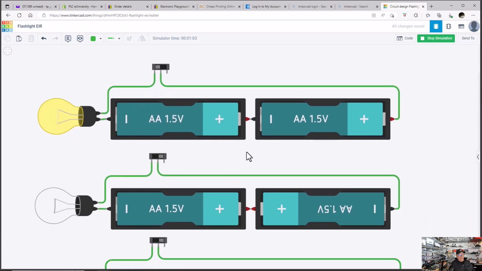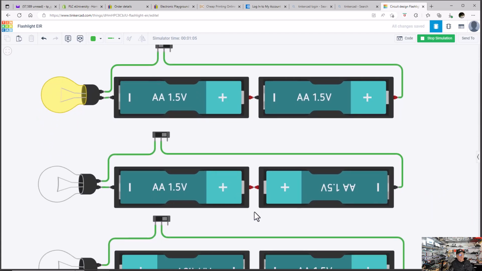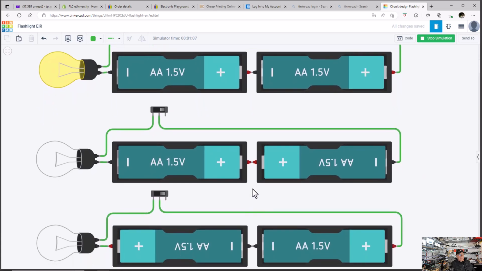If we go down a little bit further, now you see I've reversed the batteries. So now it's not plus minus, it's minus plus minus, or plus minus plus. Either way, the two batteries, one of them is in backwards.